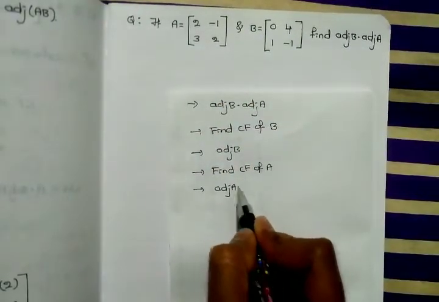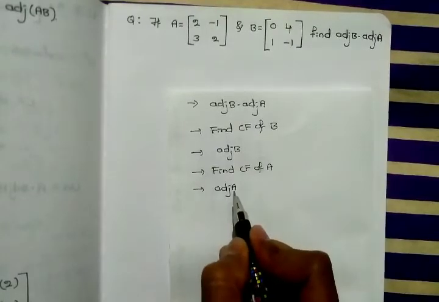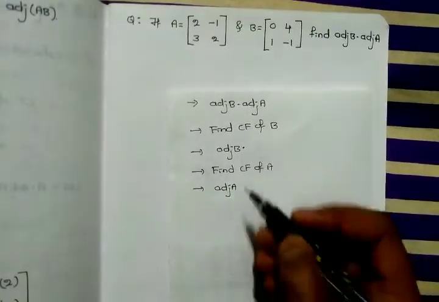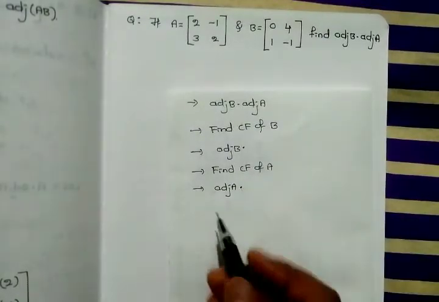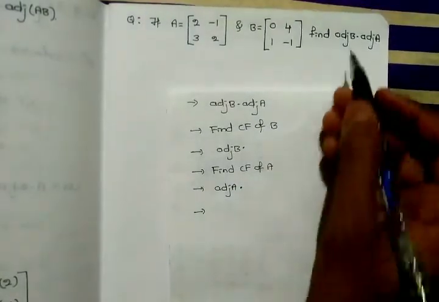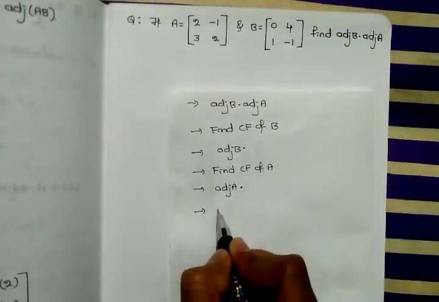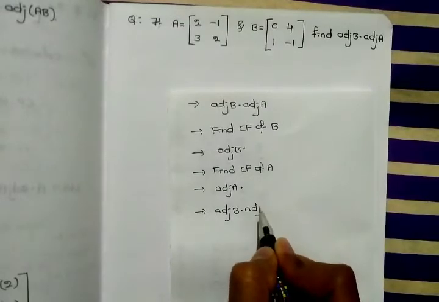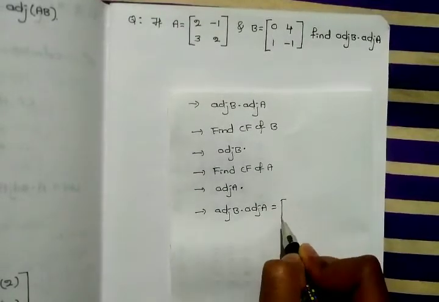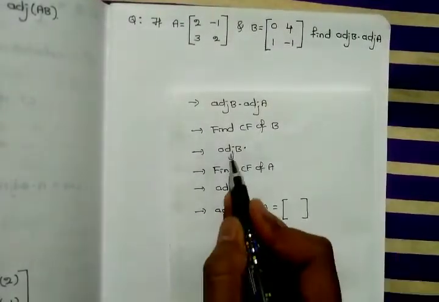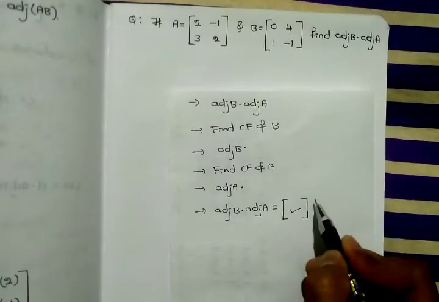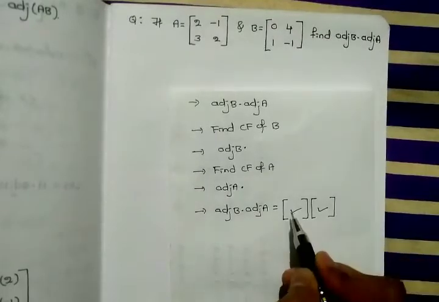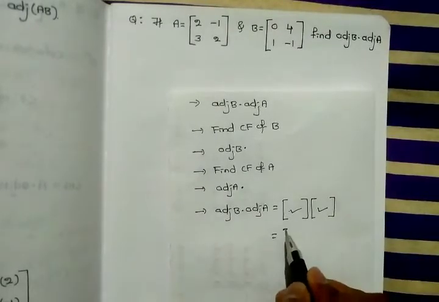Next, take the transpose of cofactor of A, you get adjoint of A. So now you will get adjoint of B, you will get adjoint of A. Next, last step, what to do? You have to multiply these two. What to multiply? Adjoint of B into adjoint of A. So first note down adjoint of B here into, next note down adjoint of A. Multiply these two, here one answer you will get.